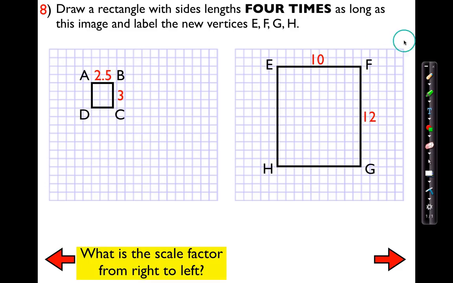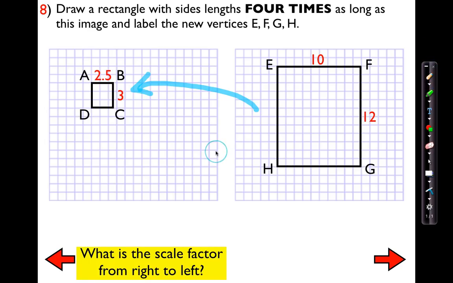So what is the scale factor from right to left? Here, they're actually trying to be tricky. They're going the opposite of what we've been doing. So here, from right to left. Hopefully you recognize the scale factor is going to be less than 1. Why? Because the shape is getting smaller.